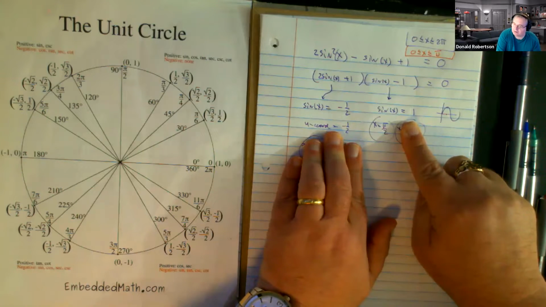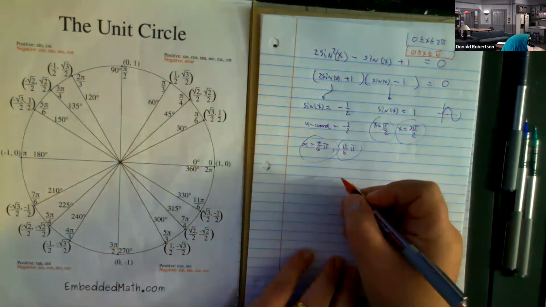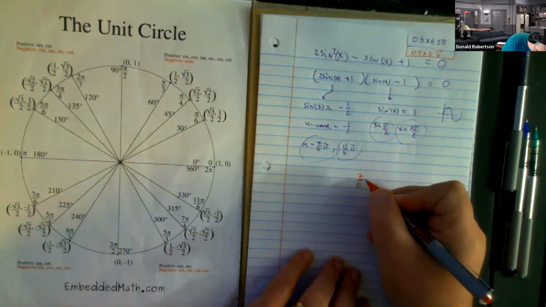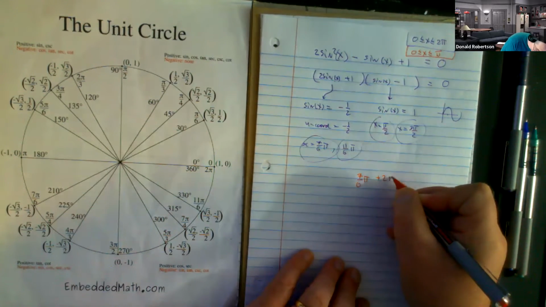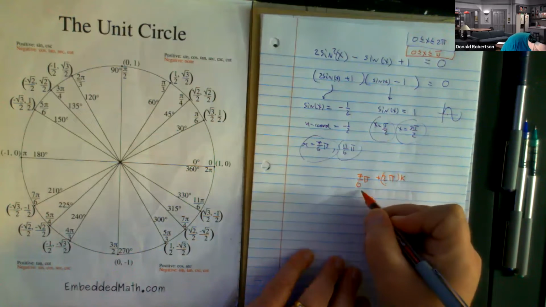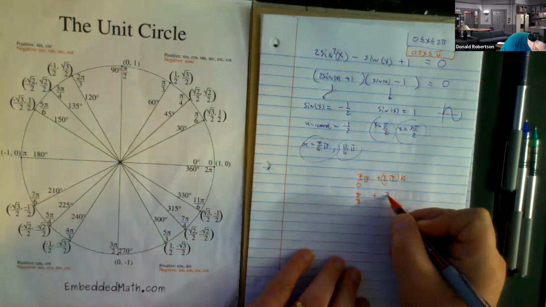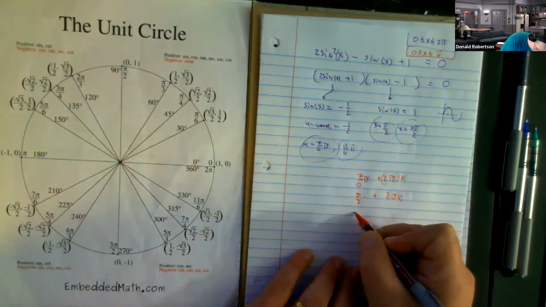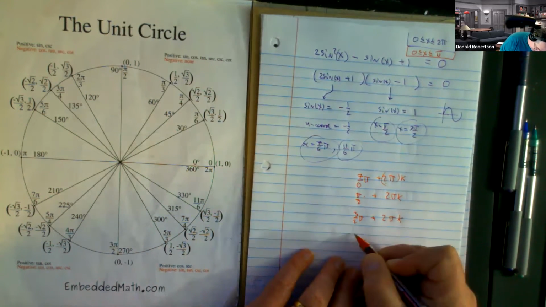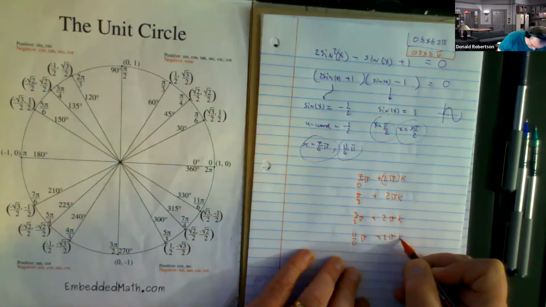Right. Now, if they didn't give you a restriction, wouldn't you take every single one of these answers, for instance, 7/6 pi, and add period, which is 2 pi, and pi upon 2 plus 2 pi k, and 3/2 pi plus 2 pi k, and 11/6 pi plus 2 pi k.